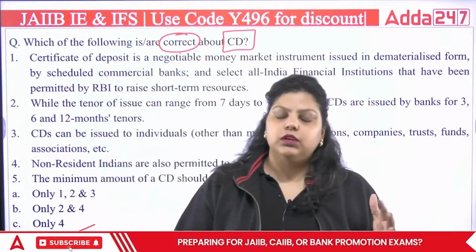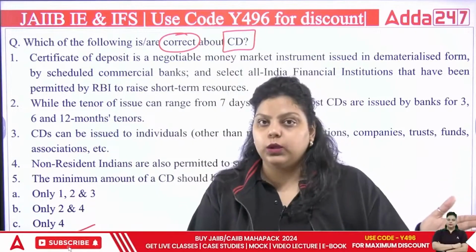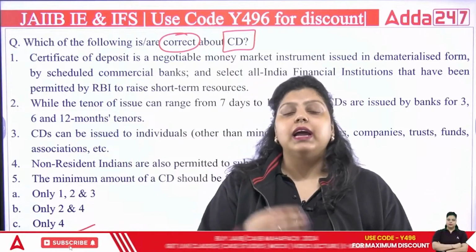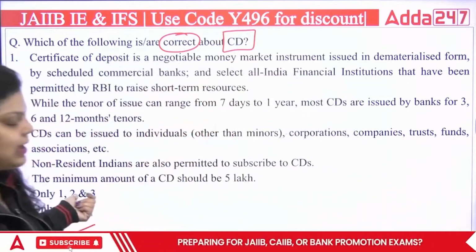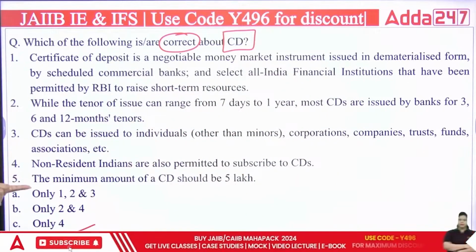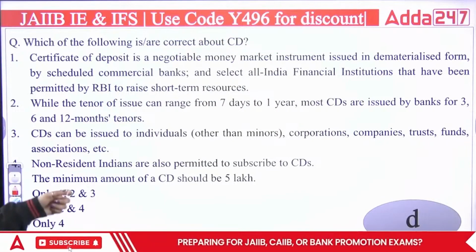Maximum usual maturities are 3 months, 6 months and 12 months. Minimum amount is 5 lakh and thereafter multiples of 5 lakhs are allowed. And NRIs can also invest in the CDs. So right answer will be D, all of the above are correct about certificate of deposit.